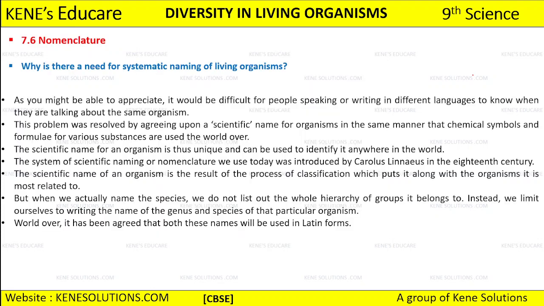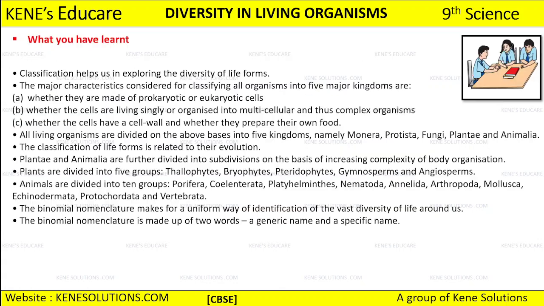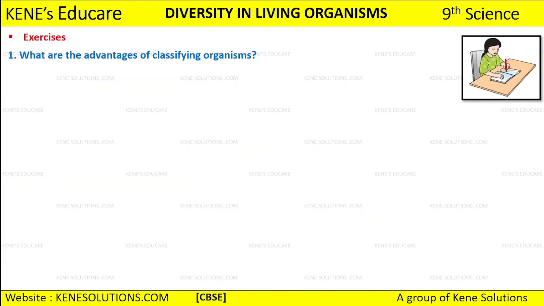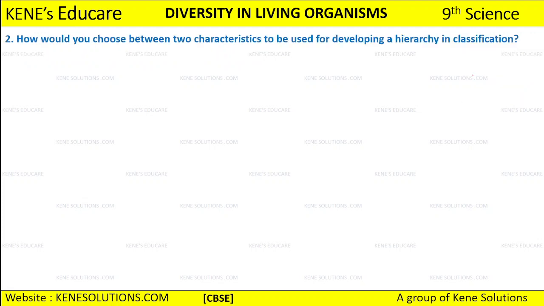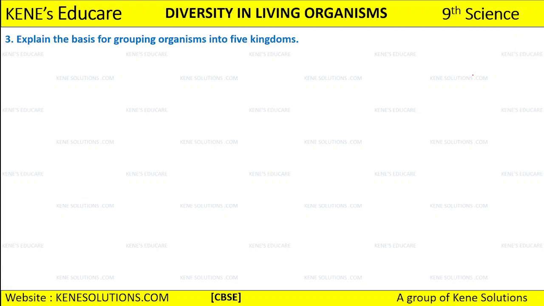Okay, so after discussing kingdom Plantae and kingdom Animalia, we have these things to discuss, like the summary in short, and then we have 6 different questions to discuss, like what are the advantages of classifying organisms. Then how will you choose between the two characteristics which you are going to use for developing a hierarchy in classification.